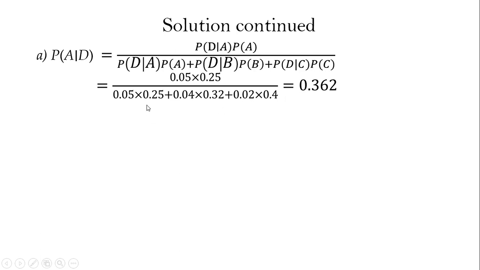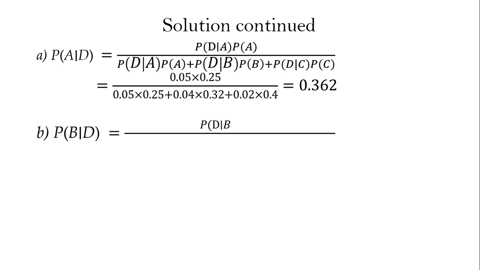But also the probability that the bolt came from machine A is 25%, 0.25. That of B is 35%. Sorry, here it's supposed to be 35%, and then that of machine C is 40%. So our answer is expected to be 0.362.